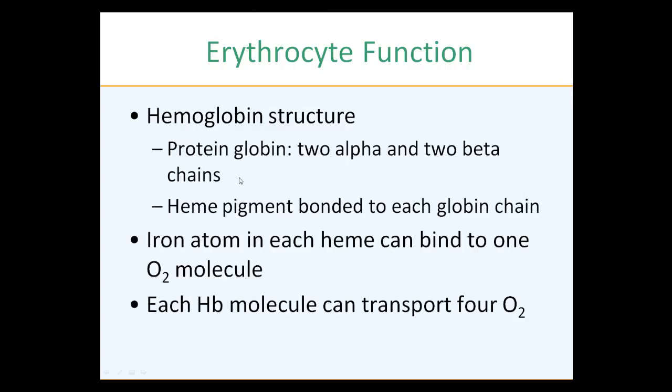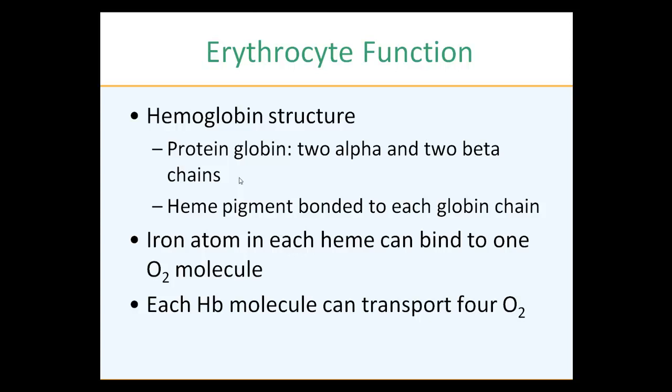So if we look into the structure of the hemoglobin, we'll see that it has a protein, globin, and that has two components, two alpha and two beta chains. And then we have four heme pigments that are embedded within those globin chains. The iron atom in each heme pigment can bind to one oxygen molecule.